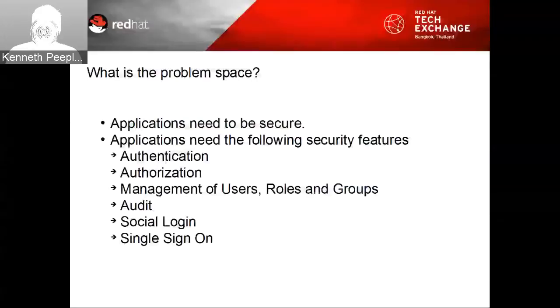One of the things that I like to bring up before going into the demo is, what is the problem space that we're trying to solve here? Of course, we're trying to solve the security problem space, because applications need to be secure. During the keynote, they touched on some security. But here we're talking about middleware security. So what kind of security features do applications need?